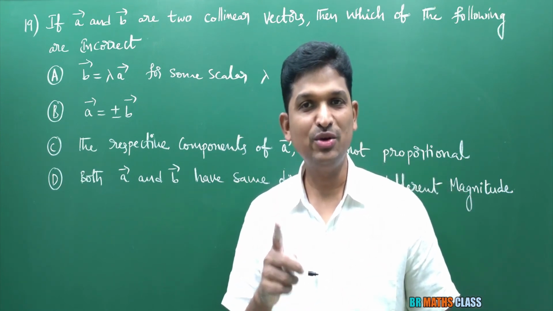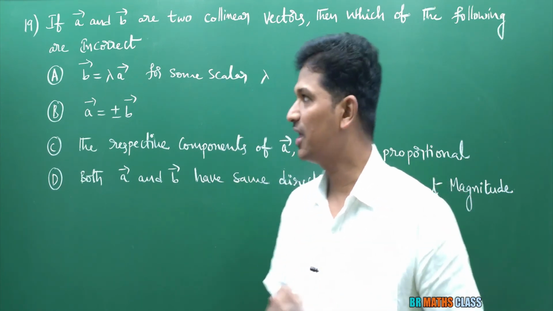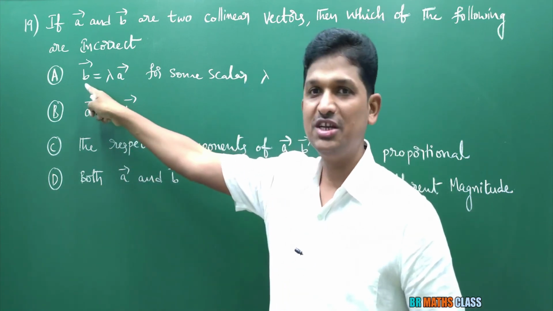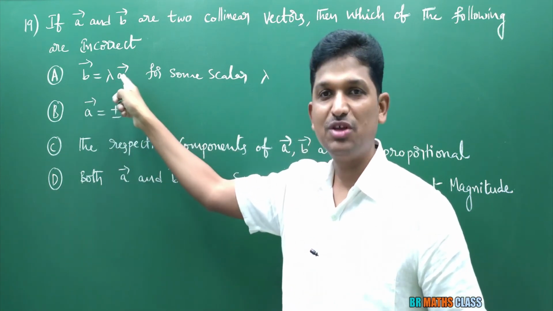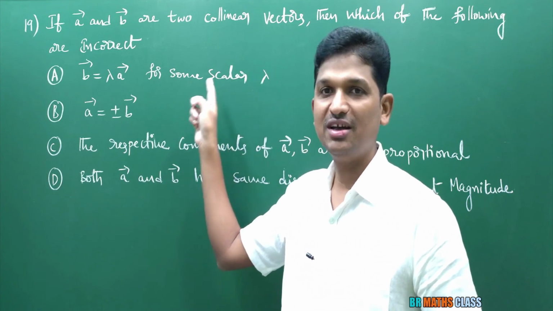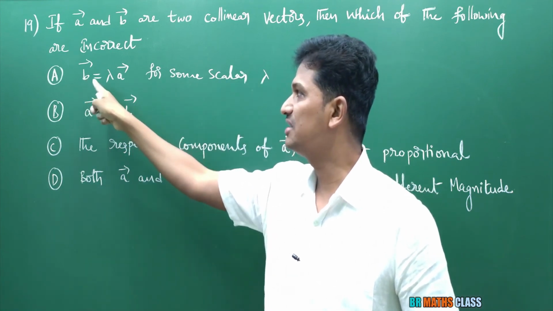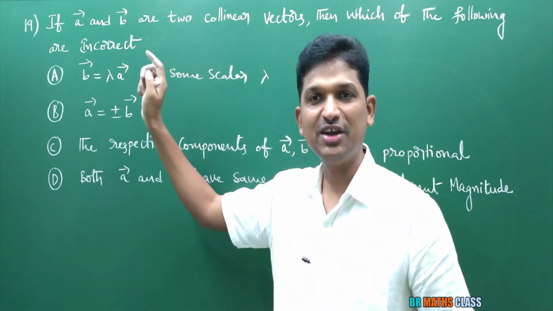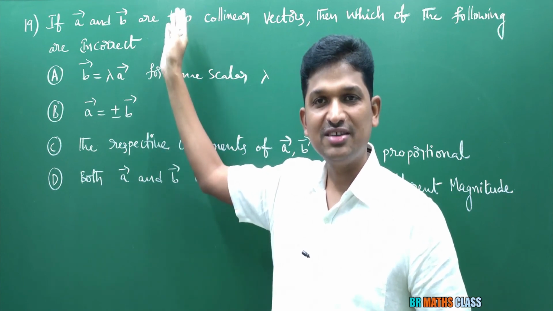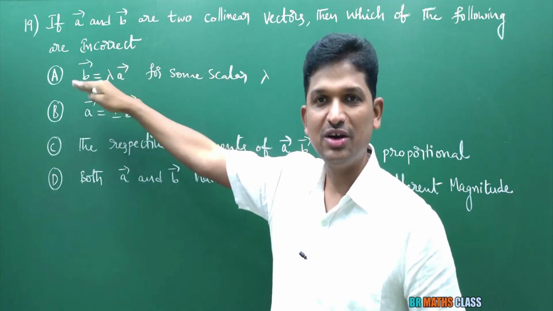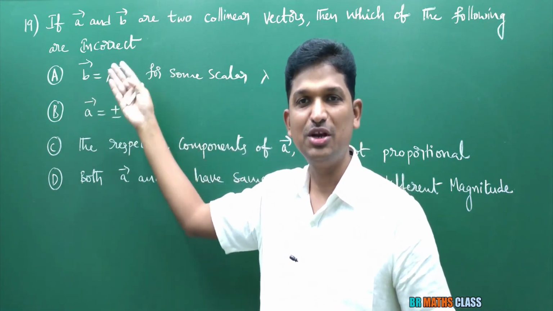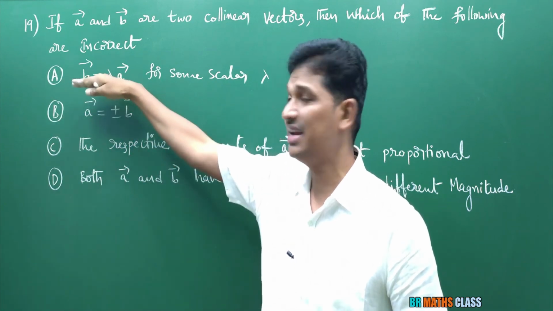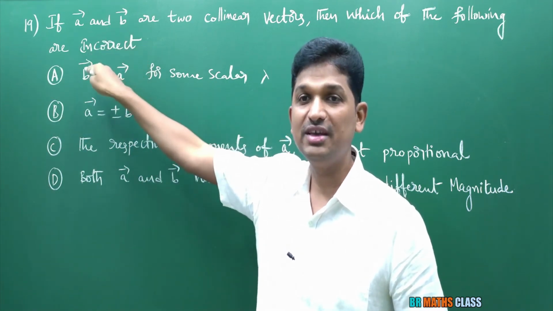Collinear vectors are also known as parallel vectors. You observe here, first option, b bar equal to lambda times of a bar for any scalar lambda. That means one vector is expressed as a scalar multiple of another vector. So, if the vectors are collinear, this holds good. This is correct. They are asking which of the following is incorrect.